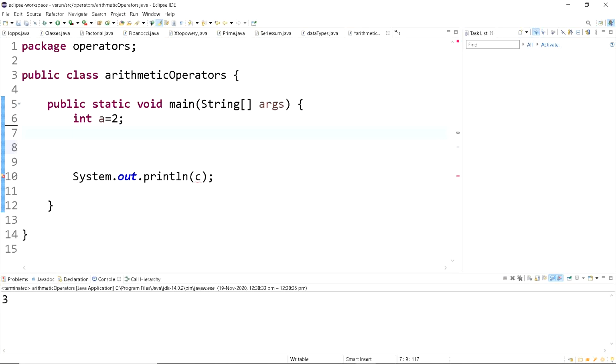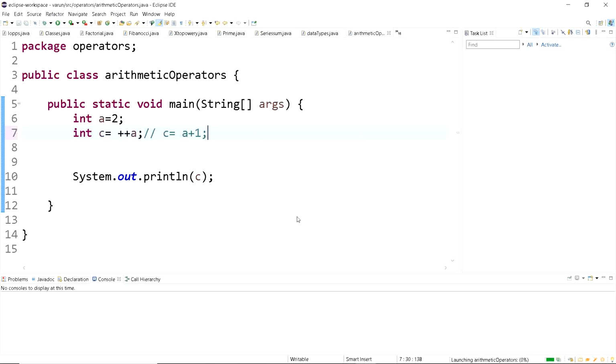Now let's discuss one more thing, which is plus plus and minus minus. For example, we have int a equals 2. Now let's take another integer, int c equals plus plus a. What it does is c equals a plus 1. So it should actually print out 3.